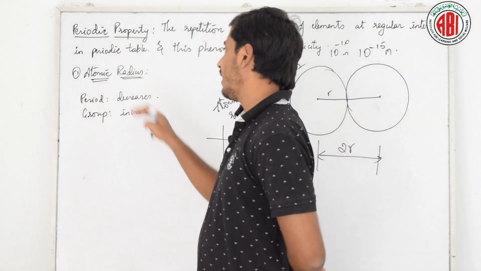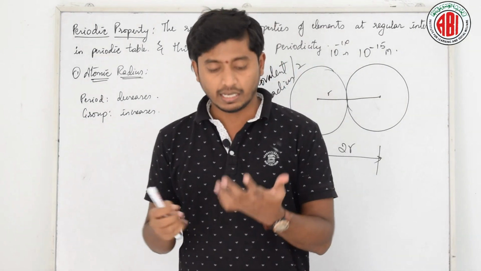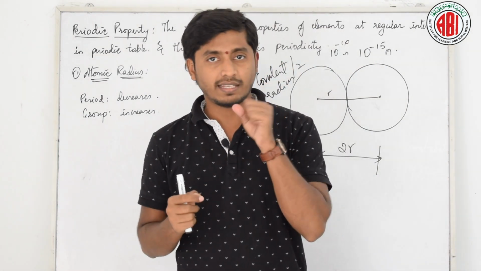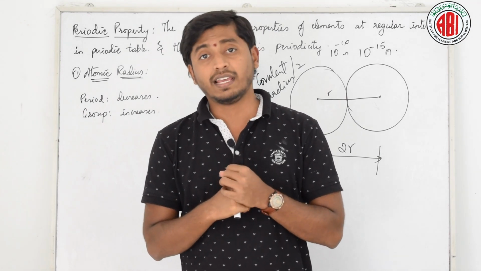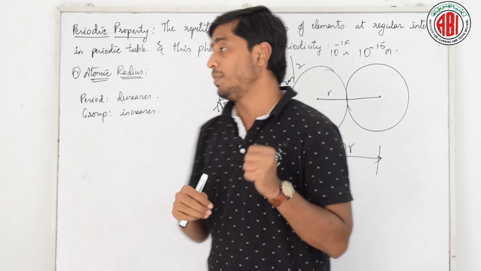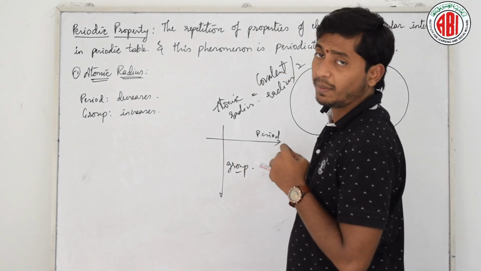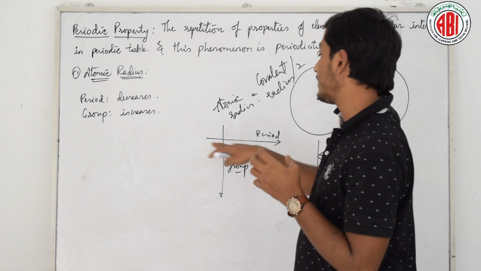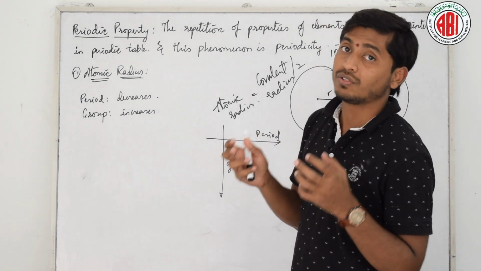How can you say that atomic radius decreases from left to right? Tell me. See here, as we know the nucleus is at the center and the electrons will be revolving around the nucleus. Then the nuclear charge increases from left to right in a period. As the number of electrons increases, the nuclear charge also increases.